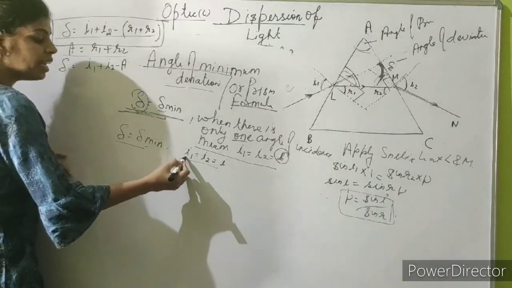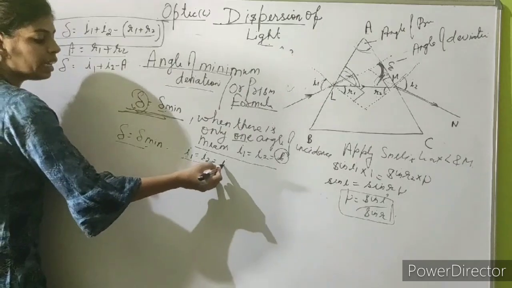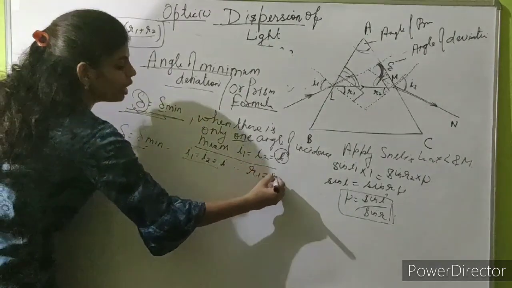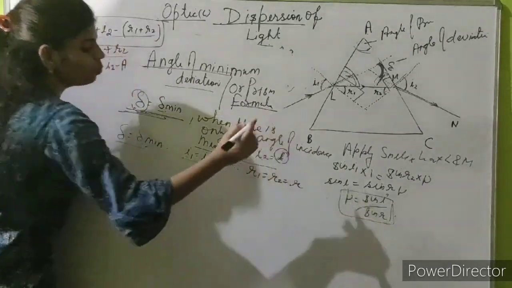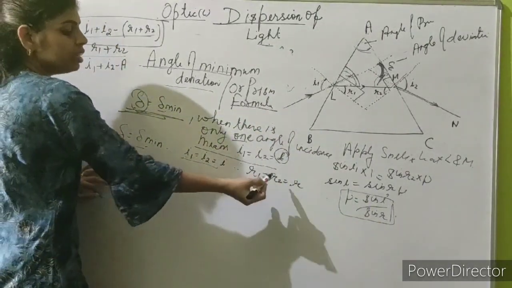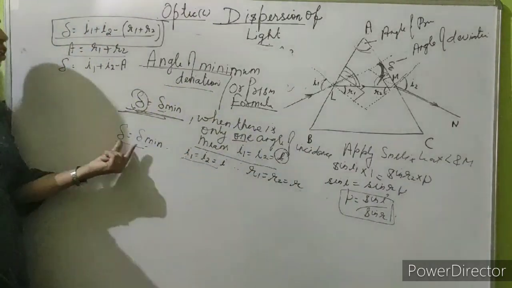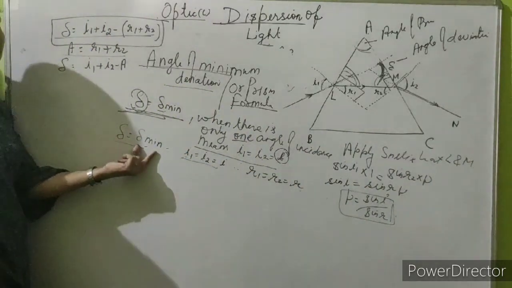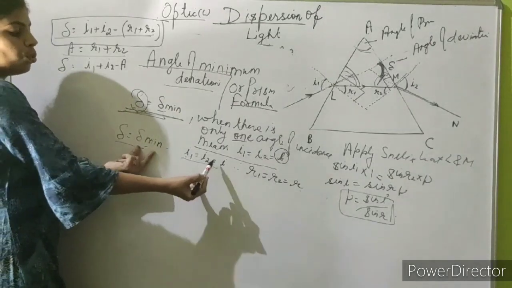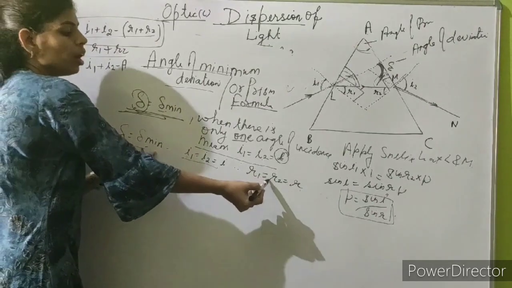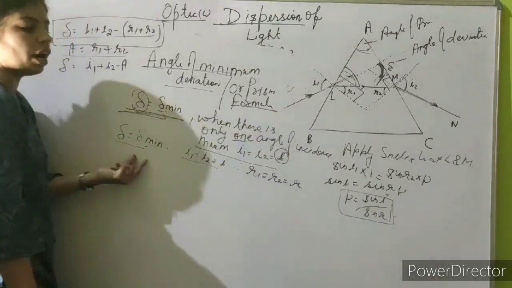In that case, as I1 is equal to I, therefore R1 would also be equal to R. R1 is equal to R2 is equal to R. Because this deviation is minimum only at the condition of I1 is equal to I2 is equal to I. Therefore, R1 is equal to R2 would also be equal to the R.